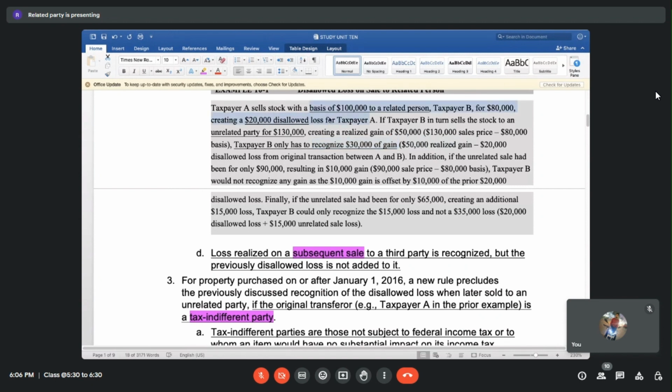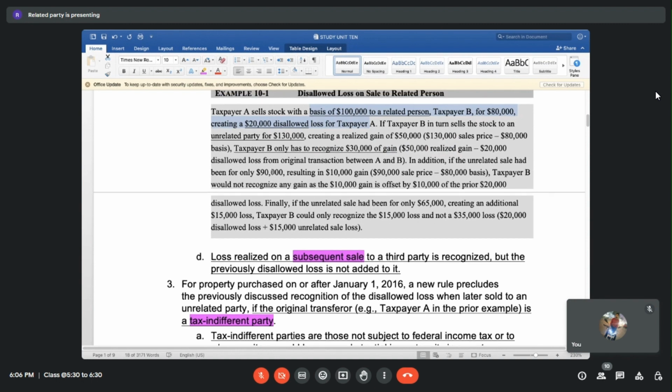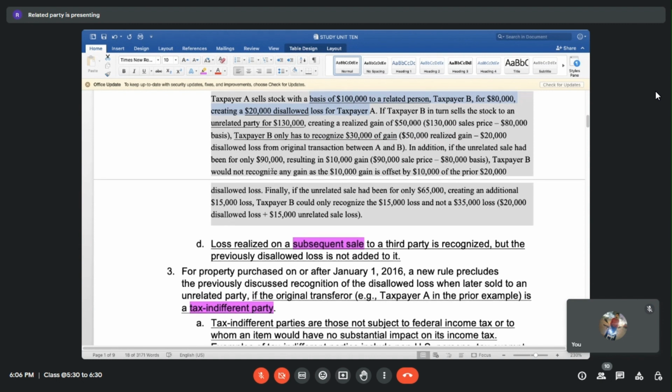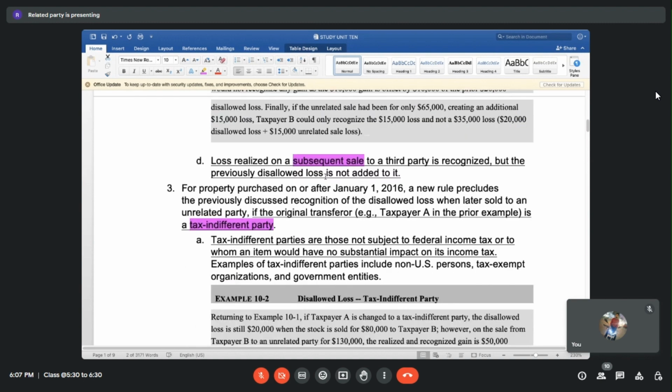Here, taxpayer A was not allowed. Maybe it's a genuine transaction, but it just happened between related parties. Maybe it happened at the fair market value, at the reasonable value. Still, because it's a related party, IRS said, well, not allowed. So taxpayer A was in a detrimental situation that time.